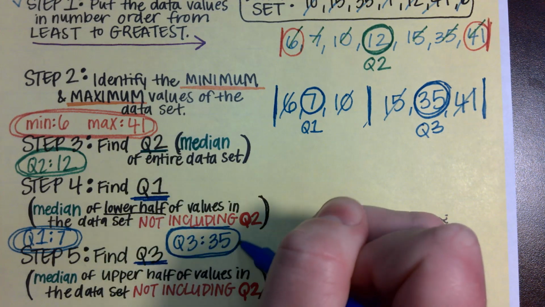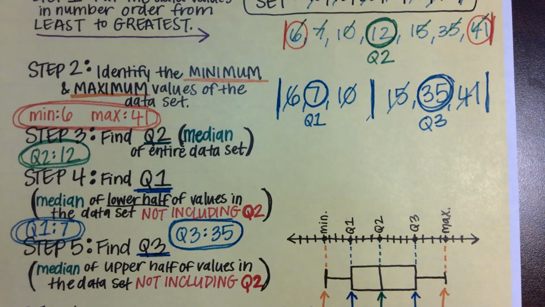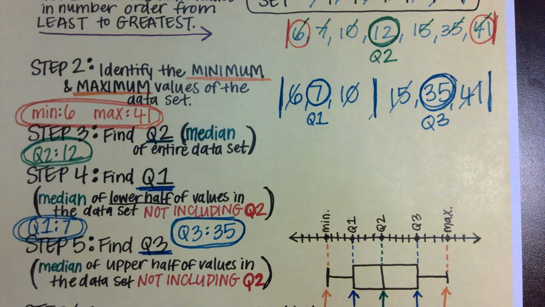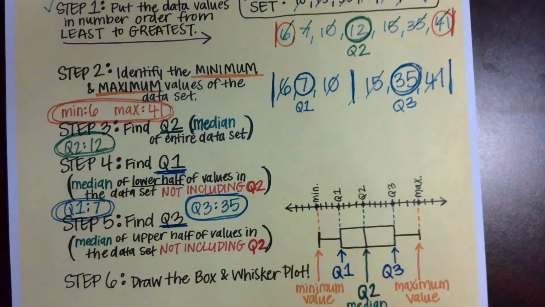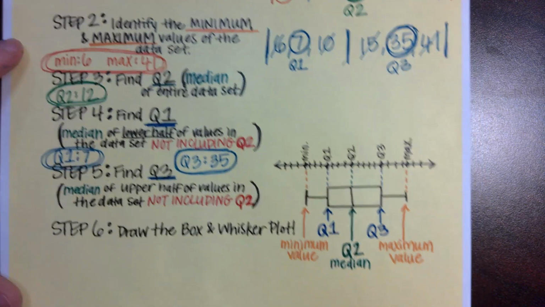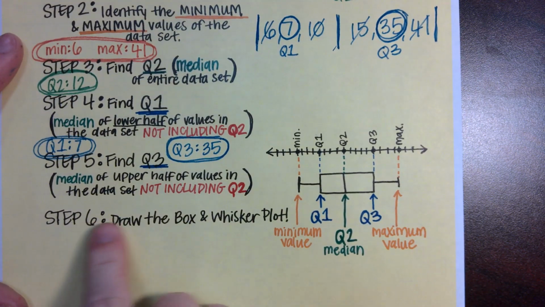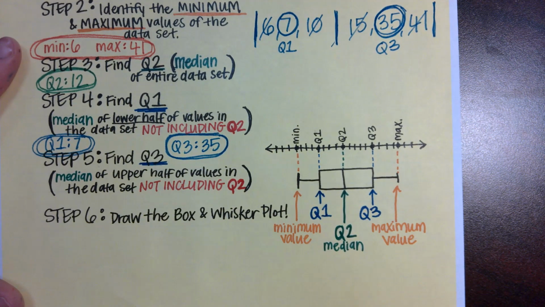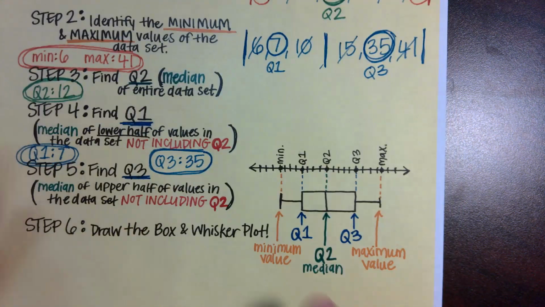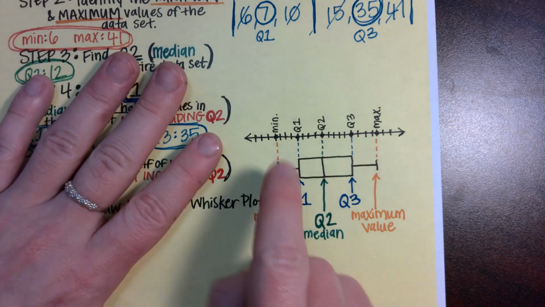Okay. So we have officially found all of our values, all of them. So now we're going to look at step 6, which says to draw the box and whisker plot. So before we draw, let's make sure we understand how we're going to line it up. So I gave you a little guide right here.